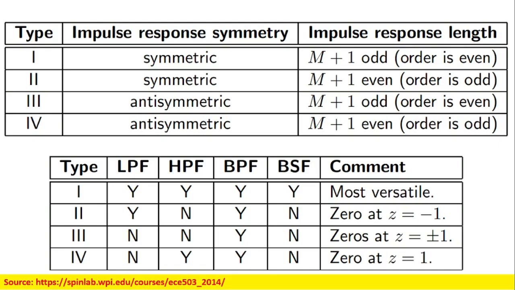Now the thing is that if you look into this characteristic, what is it? When we discuss type 1, using type 1 we can design low pass filter, high pass filter, band pass filter, and band stop filter. Okay, if you see, all the types of filters can be designed. So what does this mean?